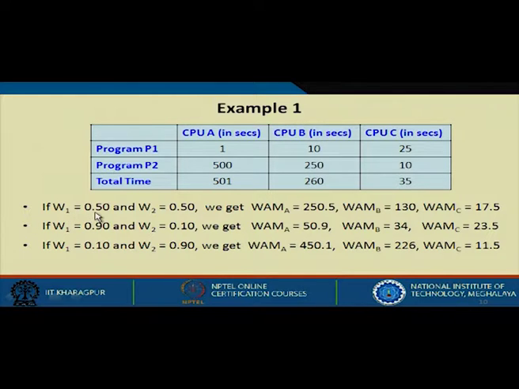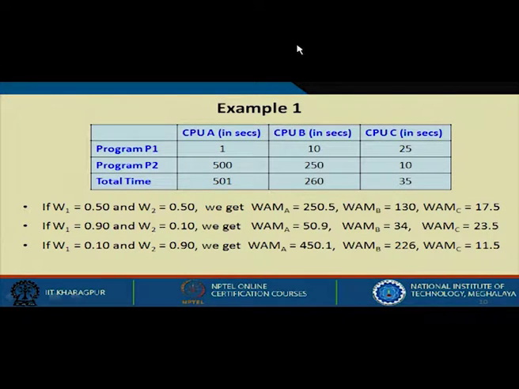Now, let us see these programs again, CPU 1, 2 and 3. So, the weight for the first one is 0.50 and the weight for the second is 0.50. So, we get the weighted arithmetic mean of A as 250.5. How are we getting that? Let us see this.